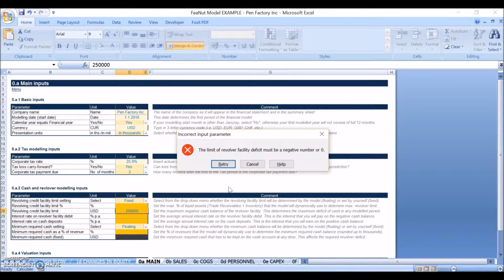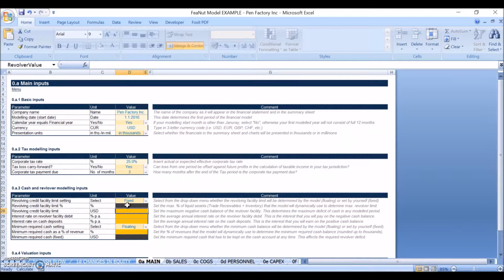Or I should actually type a negative amount in here because it's a credit line. So let's say it will be $250,000. And that means that if in a certain period, in a certain month, I will need more money than I actually have in my cash balance, I can use this short-term loan up to this limit.